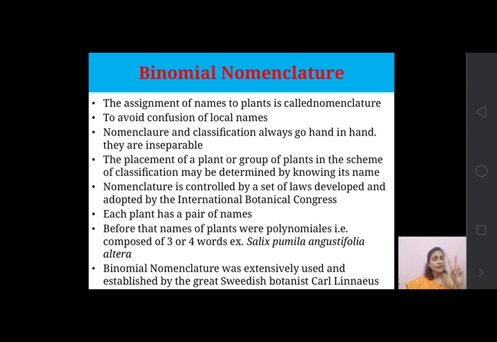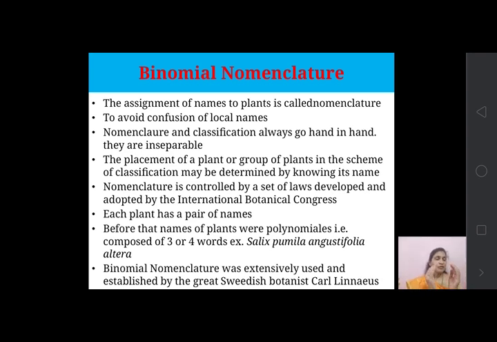In binomial there are only 2 words, but in polynomial more than 2 words are used while naming a plant. For example, Salix pumila angustifolia altera: there are 1, 2, 3 and 4 words given to a particular plant.